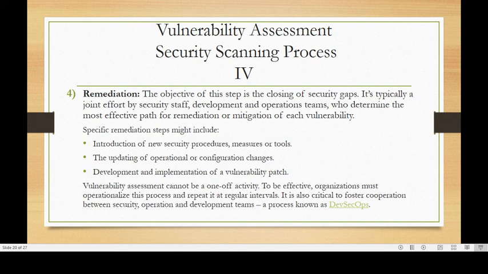Mitigation steps include introduction of new security procedures, measures and tools, updating and configuration changes, developing and implementing vulnerability patches. The process must be repeated in a process known as DevSecOps.